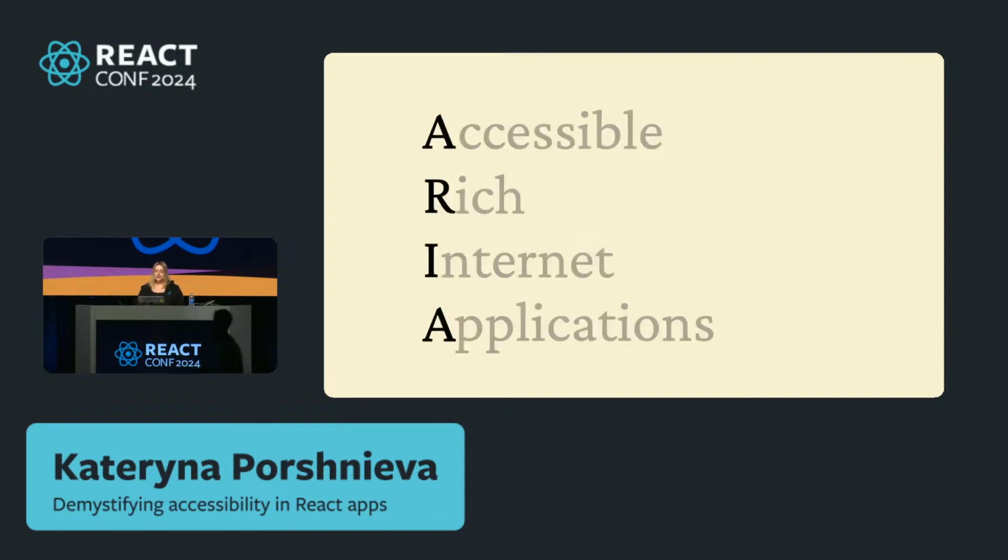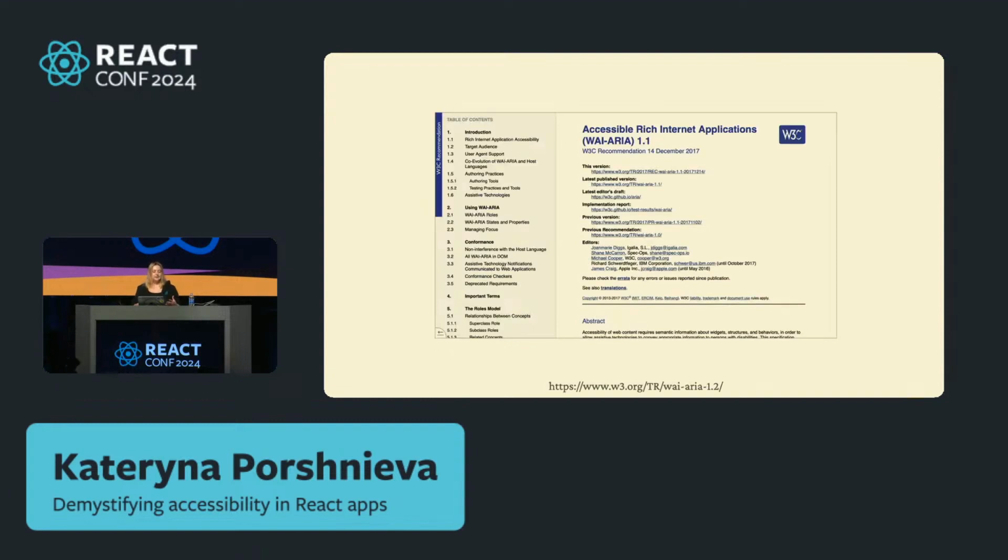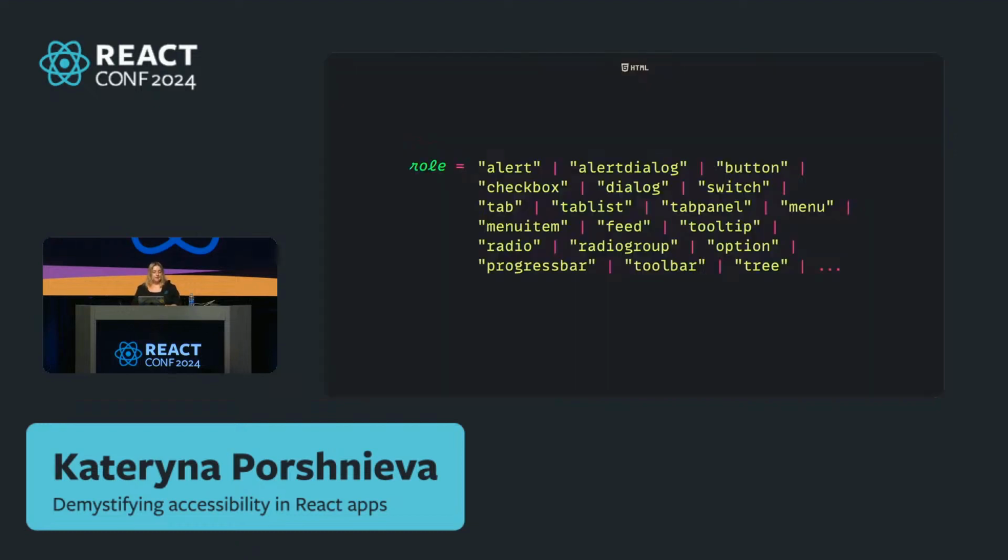ARIA stands for Accessible Rich Internet Applications. And it is a spec that defines a set of HTML attributes that we can use that give us granular control over the accessibility tree. For example, we can override the accessible role of the element using the role attribute. However, it's important to note that all of the ARIA attributes only provide semantics.